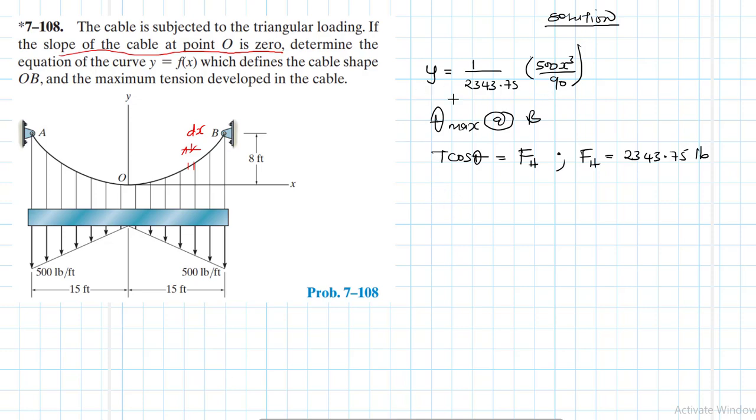So let's convert this to a slope function. dy/dx is going to be equal to 1 divided by 2343.75, then 500 x squared divided by 30.